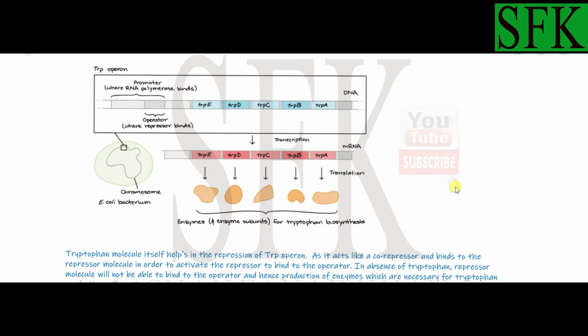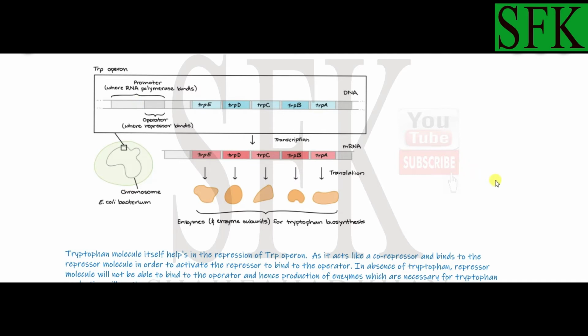After that, the activated repressor will go and bind to the operator region. Although the RNA polymerase may come and bind to the promoter region, it will not be allowed to initiate transcription because the repressor at the operator site will block its activity.